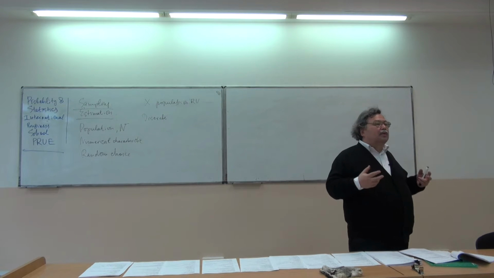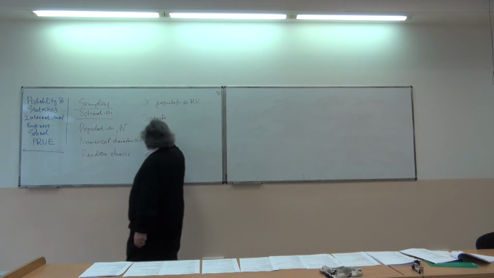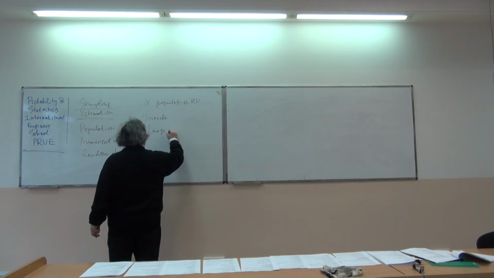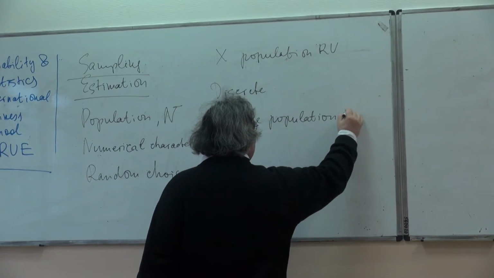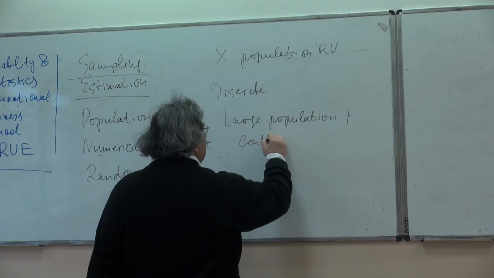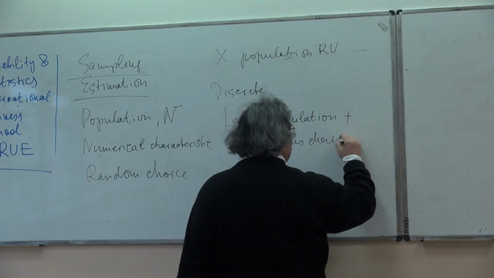This is the right thing to do. This is an appropriate model. So we have a large population plus a continuous characteristic.